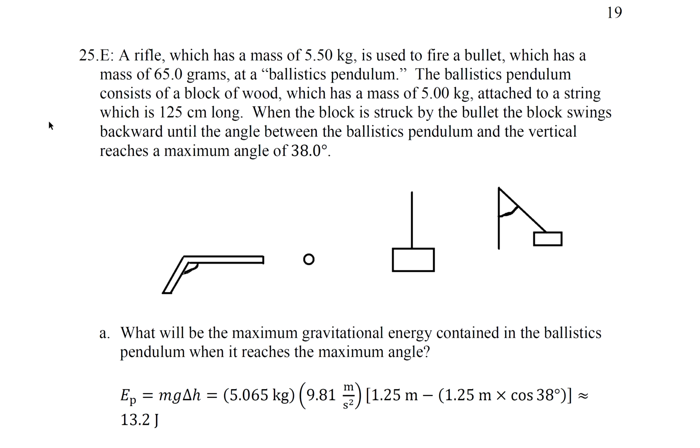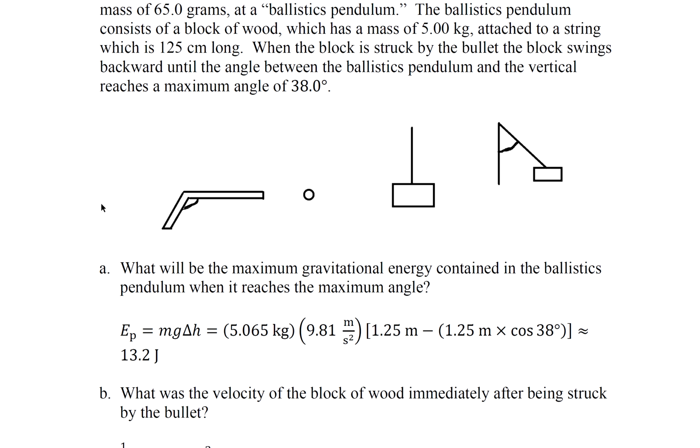When the block is struck by the bullet, the block swings backward until the angle between the ballistics pendulum and the vertical reaches a maximum angle of 38 degrees. So when this pendulum swings backward, it means it goes up to the right, according to this image, 38 degrees.